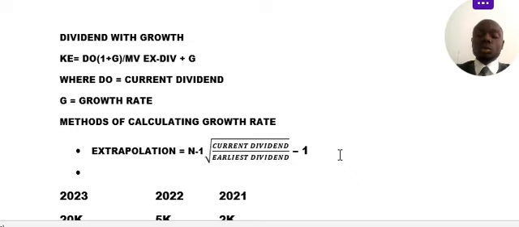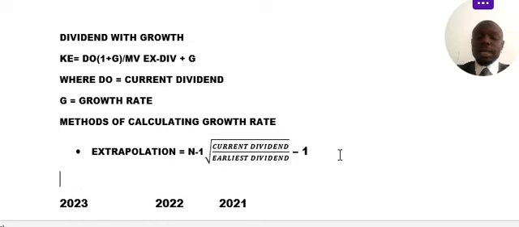Now, in every question, you look out for the dividends. Check if there is a series of dividends. When you want to determine the cost of equity using the dividend with growth, this is the formula you are going to use. I've explained in my previous video how to determine the growth rate: you use either extrapolation or Gordon's model.